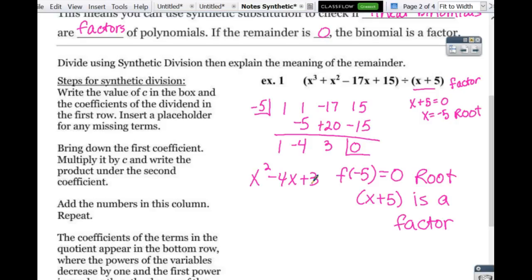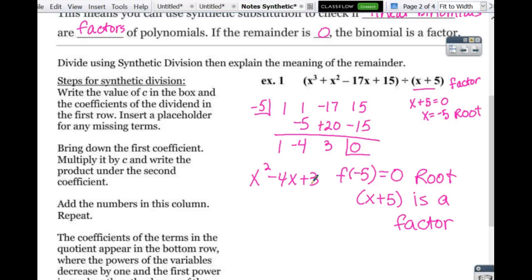So this is the polynomial, and I divided by x plus 5. If I long divide, this is what I would get on the top. It's called the suppressed equation because I took part of it out.